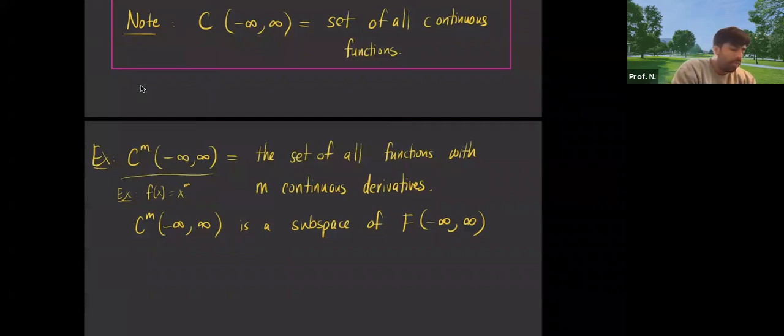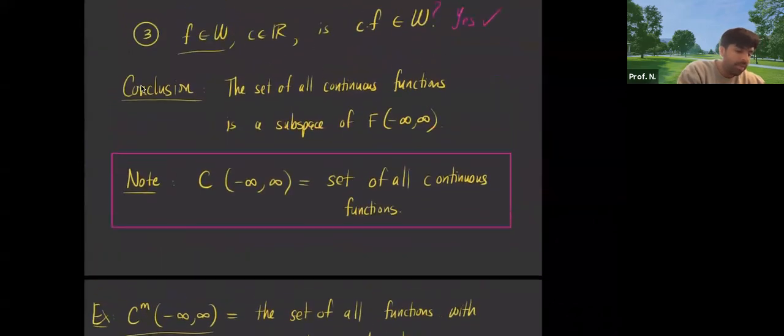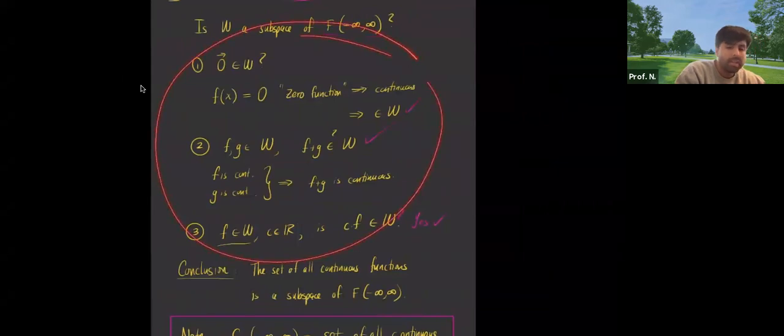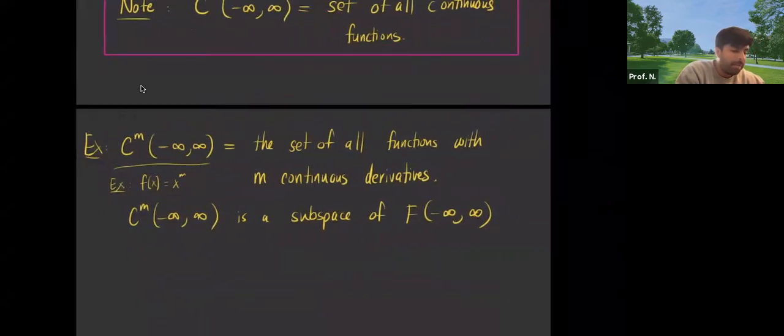So all of those functions whose m derivatives are each continuous are in this space. That's what it means to have m continuous derivatives. And this space itself is a subspace, and you can check that out for yourself. It's very similar to the argument for why the set of all continuous functions is a subspace.